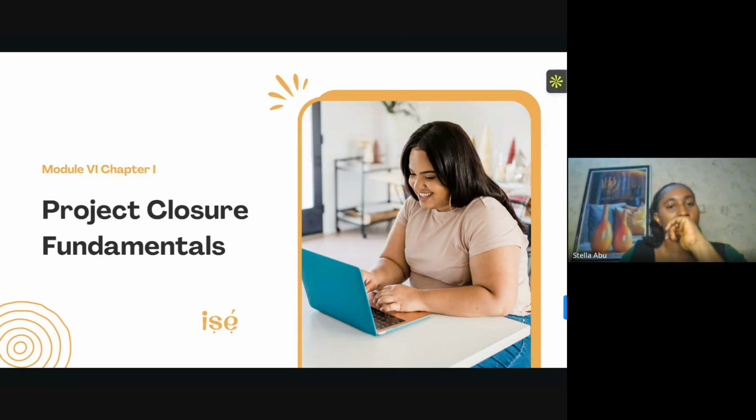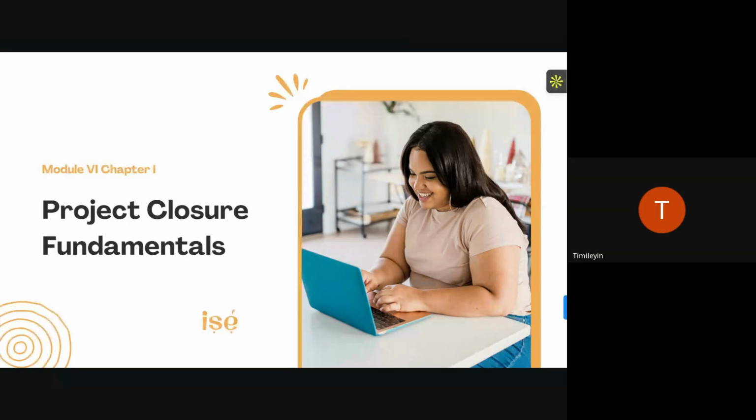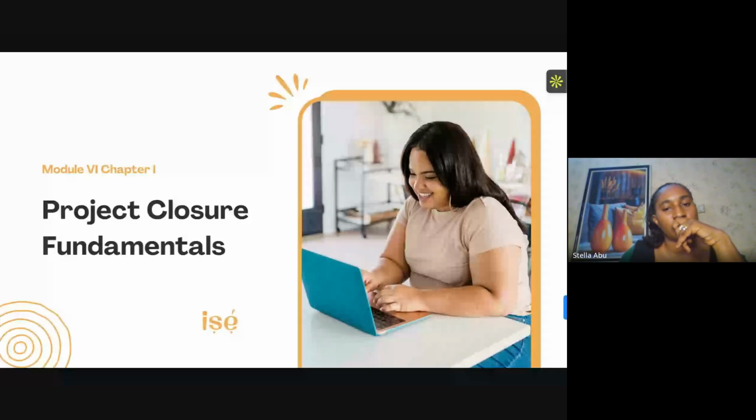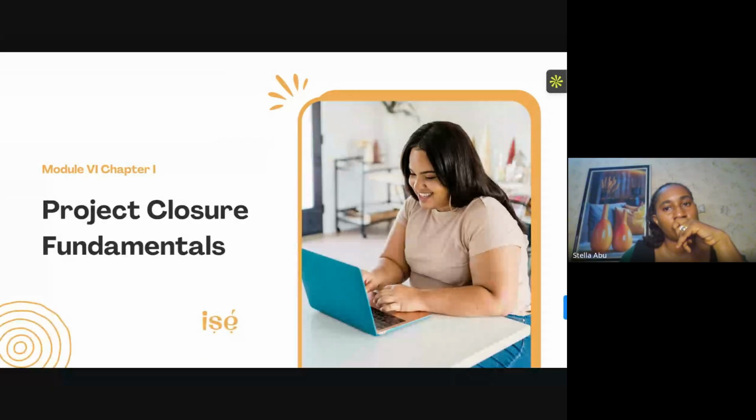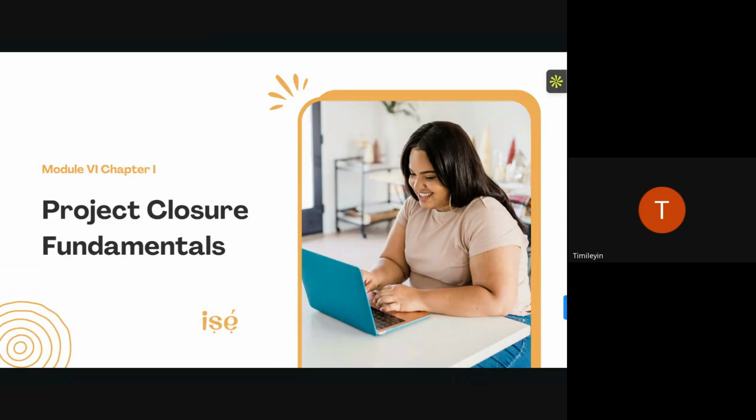We also have those with higher power and low interest. We also have those with higher interest but low power. But do you understand what all of those things mean, right? When somebody has high power, high interest, what do you do with that kind of person? You make sure you give the person information on how the project is going.